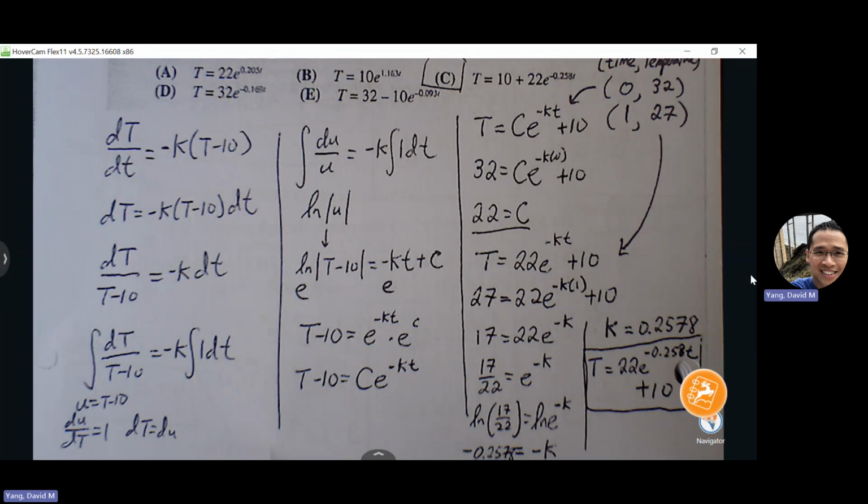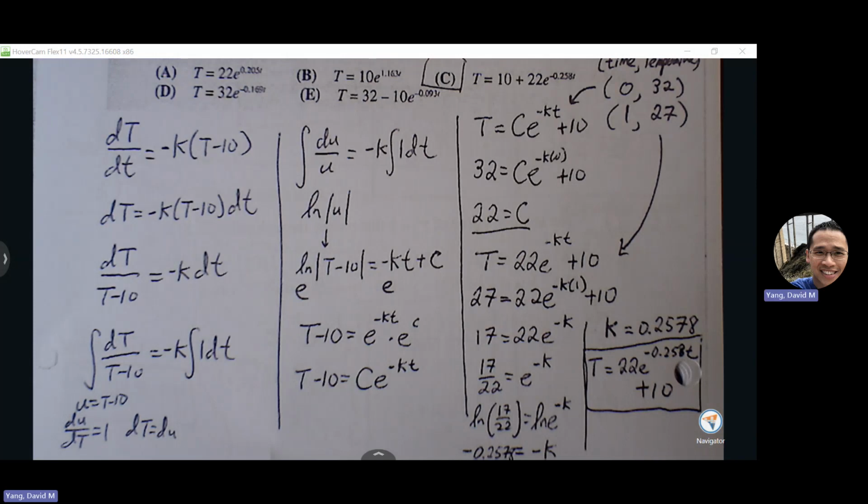Are these temperature equations always going to be of the form CE to the KT? Yeah, pretty much, so I can just skip the differential equation. Or not with this one, because that T minus 10 kind of throws things off a little bit. So it ends up being ce to the negative kt plus 10.